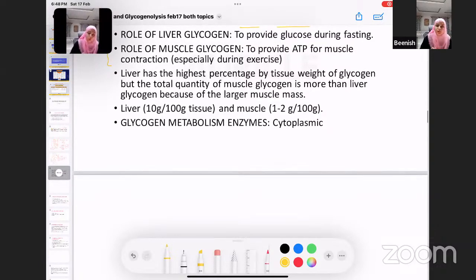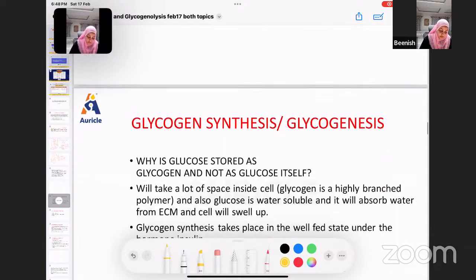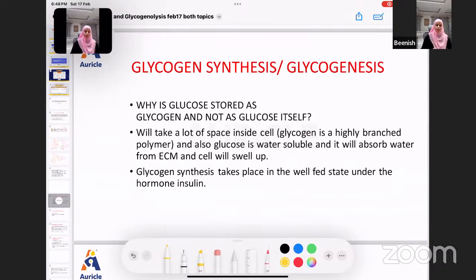Now, all of the glycogen metabolism enzymes are cytoplasmic. So that was a brief introduction. Now moving on to glycogen synthesis, which is also known as glycogenesis. Why is glucose stored as glycogen and not as glucose itself? You must be wondering why take all the pain of synthesizing glycogen, why can we not simply store glucose as glucose?